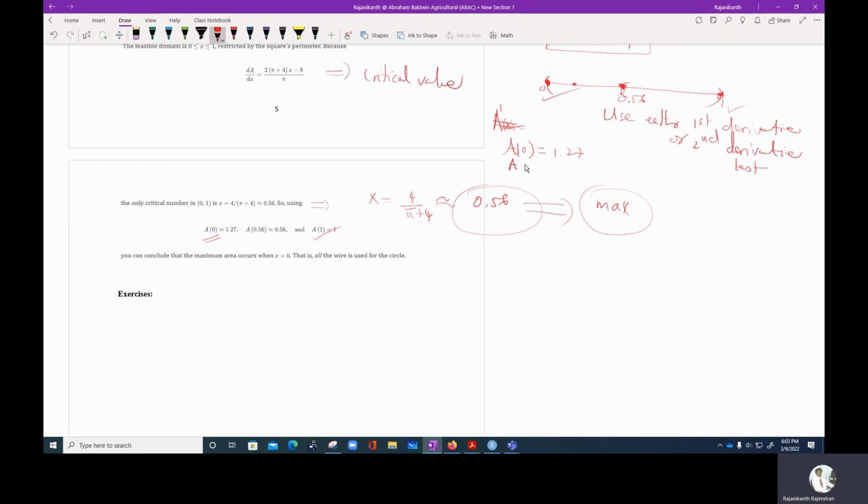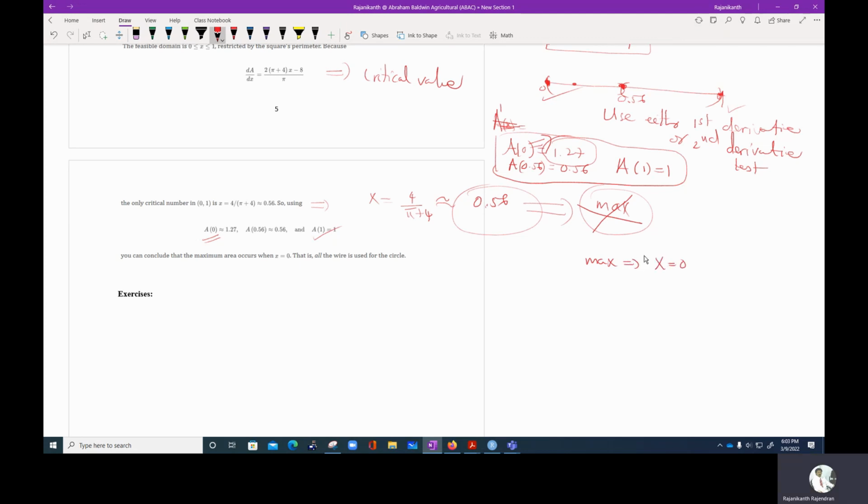Function value at 0.56 is 0.56. Function value at 1 is 1. Among all three, which one are you getting the maximum value at? Yes, you are getting the maximum value at 0, okay? Not at 0.56, so that's not correct.